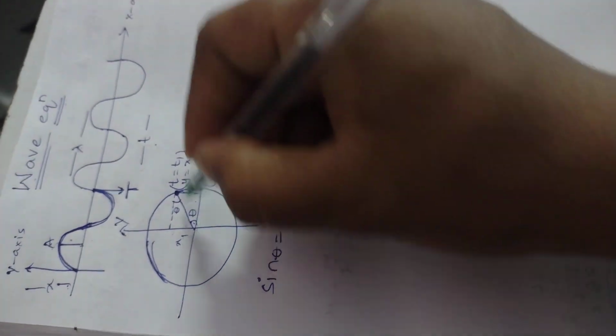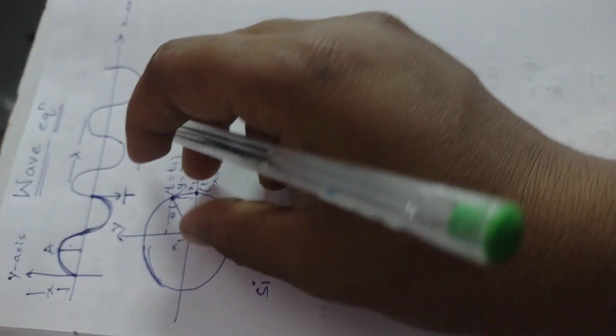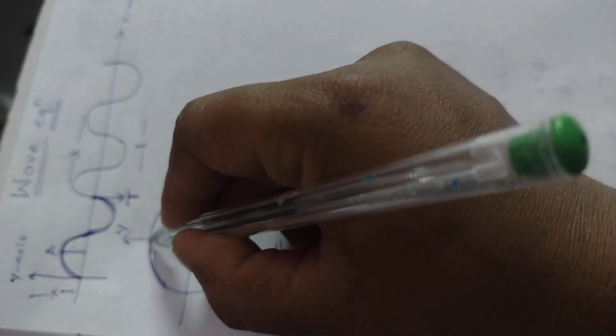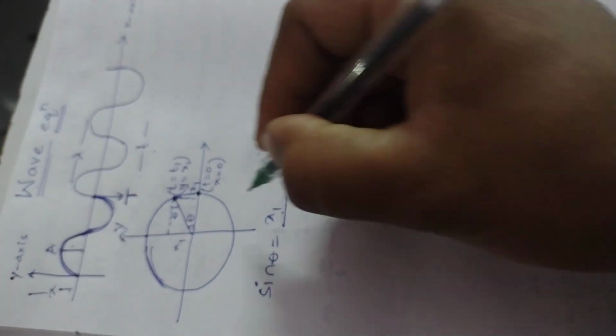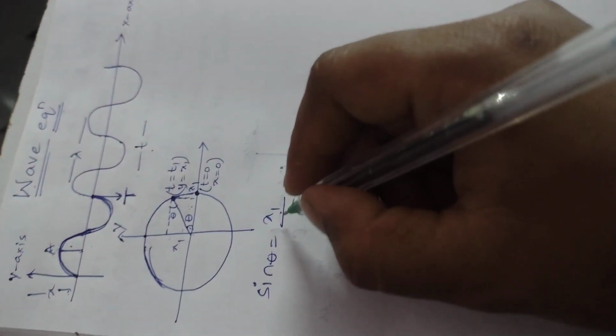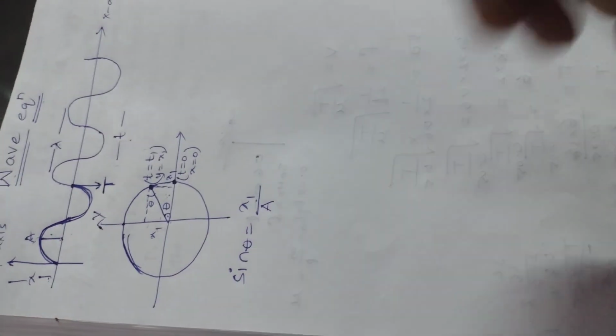Sine theta equals x1 by the hypotenuse. Hypotenuse is nothing but the radius of this circle. When the particle reaches its amplitude, the radius equals the amplitude of this wave. So let me write capital A in the place of r. This is about sine theta.